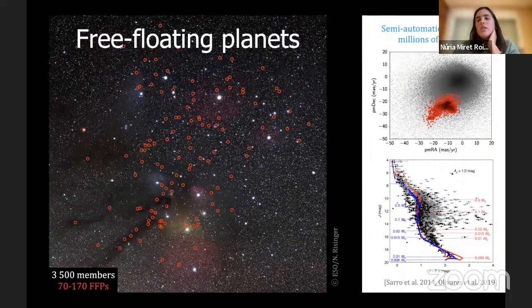The reason is that we did two independent studies, one using the Gaia astrometry and photometry, and the other using the ground-based astrometry and photometry. With Gaia, as I was saying, in this area it's very easy because you have proper motions and parallaxes, and this makes your job very easy. But then some of these objects are also observed with our ground-based images. The approach that we took is to combine both lists: the members that we could find with Gaia and the members we could find with the ground-based images.